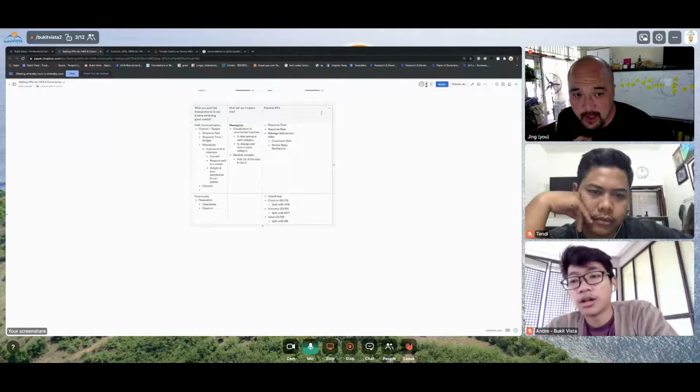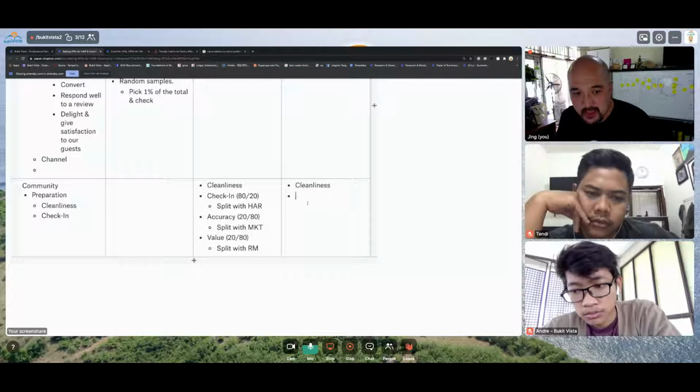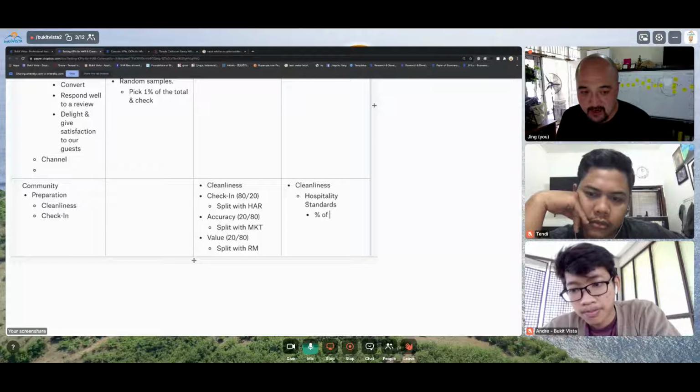So let's keep on going. Micro KPIs could be, let's use cleanliness as an example, because this is a great example. You're going to break down this KPI using hospitality standards. Then you can ask, what is the percentage of community engagement to my program?